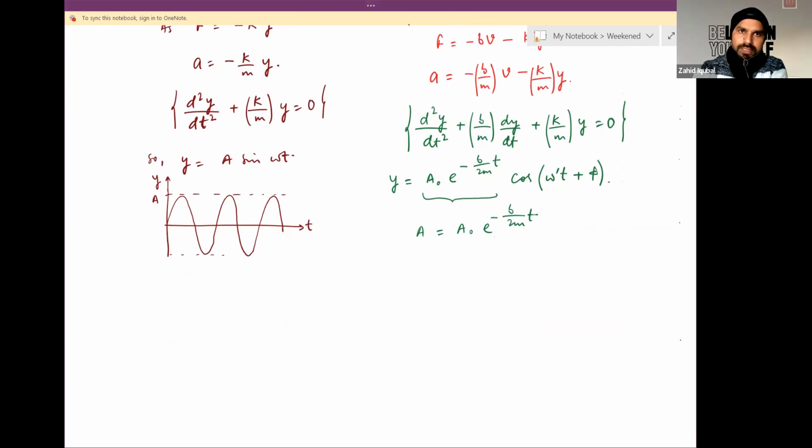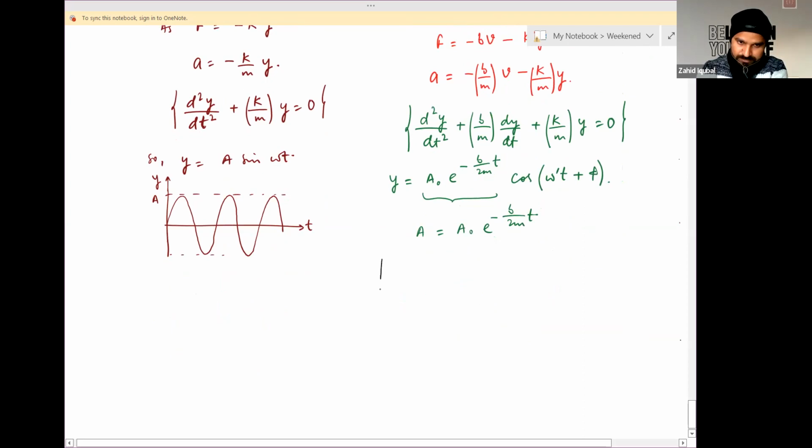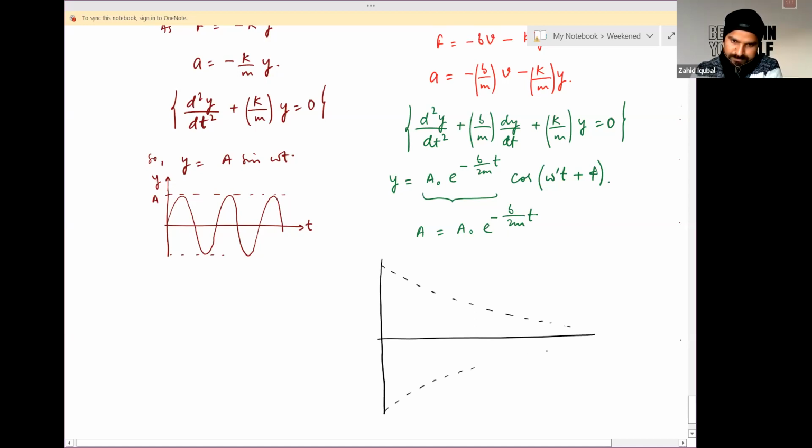If you plot the graph, it will be like this: displacement versus time, or simply amplitude versus time.